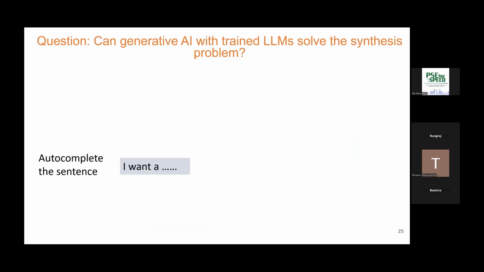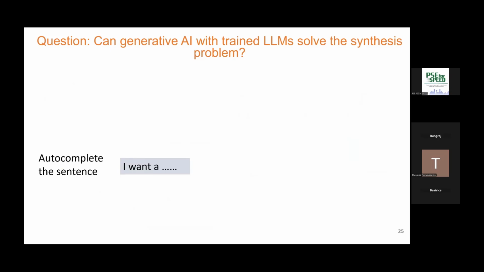Then I come back to the question, how can generative AI with trained LLMs, large language models, solve the synthesis problem? And there are examples that say that we can give a reactor followed by an absorber, and can we complete that flowsheet?